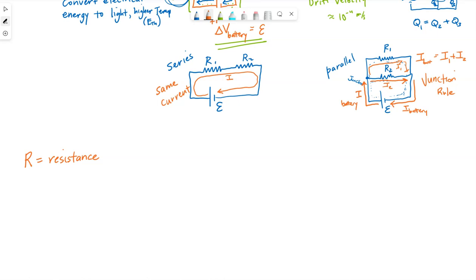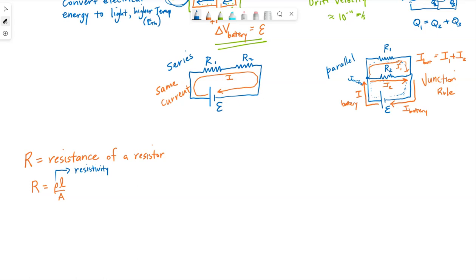The microscopic equations and conversation our author goes through derives this equation. I'm going to go ahead and just give it to us. The resistance of a resistor, so capital R. This rho means resistivity.